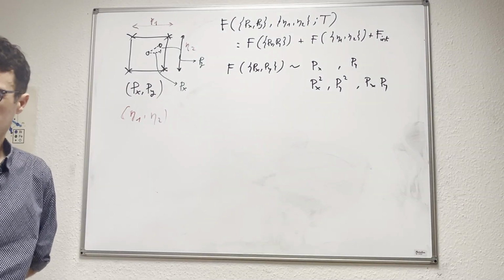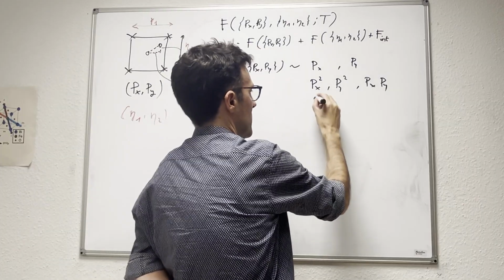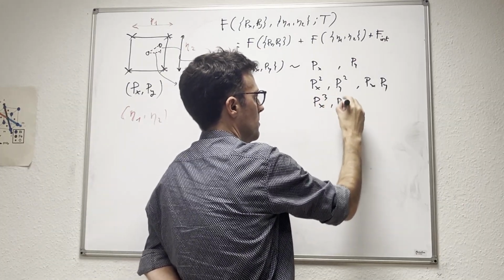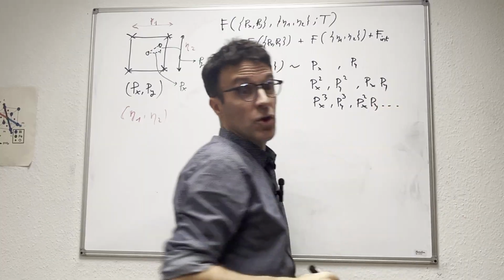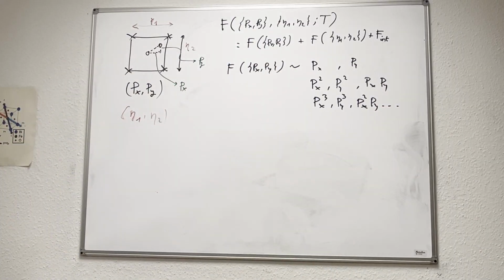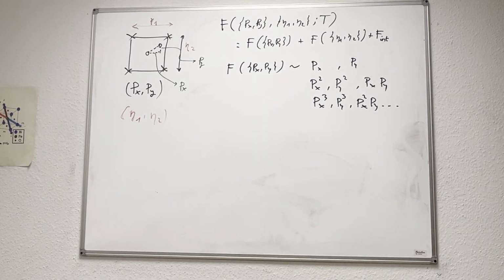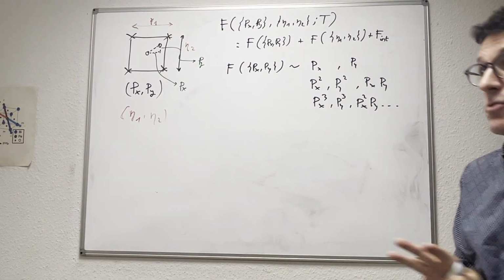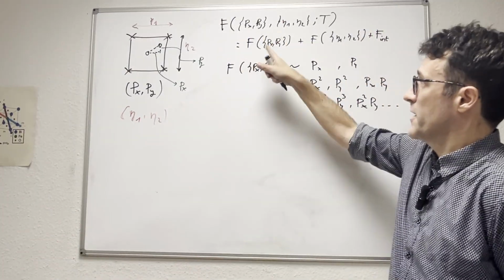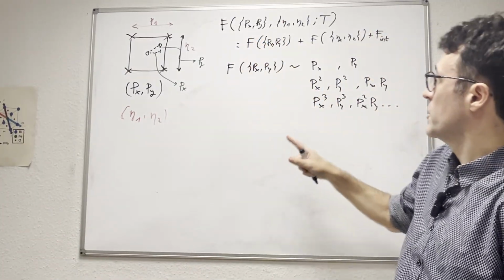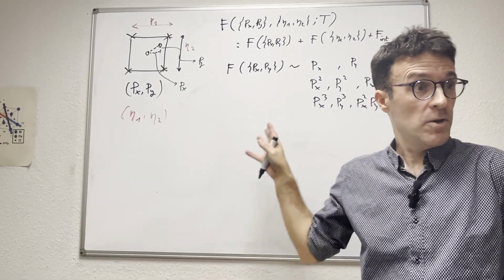I could have terms that go like the cube, so you can imagine Px cubed, Py cubed, Px squared Py, and so on. And for the moment, trying to have a more general theory where, if I say that Px is equal to 0 and eta 1 equal to 0, I have to recover the previous theory, let me go up to fourth order.